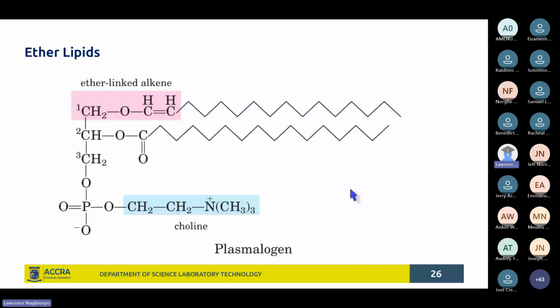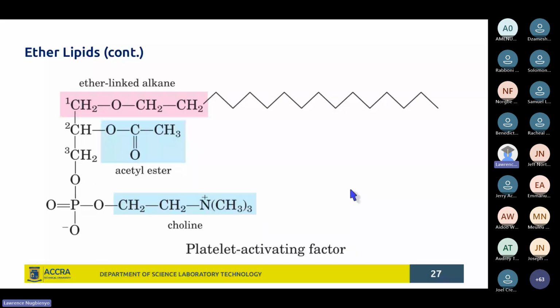You have what's referred to as the platelet activating factor, which has a major role to play in inflammatory reactions. And if you look at the structure here too, you can see that on carbon number 1, you have an ether linkage.